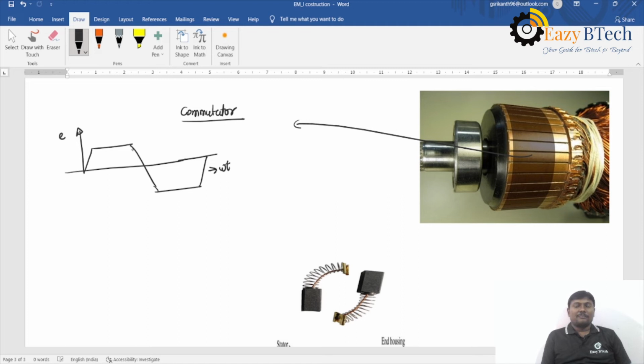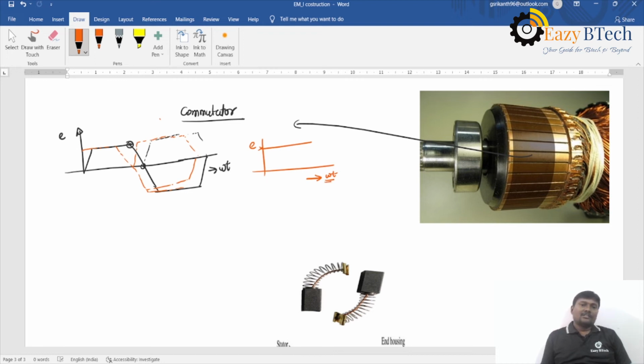If the negative half cycle is converted into a positive half cycle, and the number of coils are connected like this, then I will get pure DC with the help of a commutator.